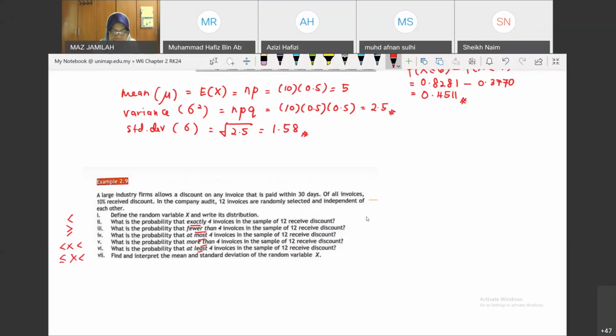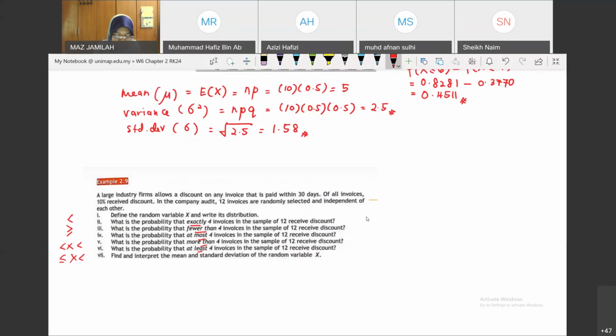So understand that any company that gives the invoice within 30 days, for example, on the 29th day or the first day or the 15th day, deserves a discount. Okay, of all invoices, 10% receive discount. Means that 10% receive this discount.